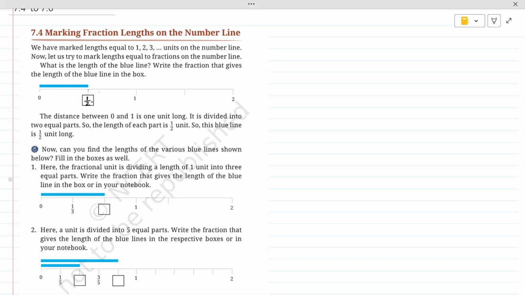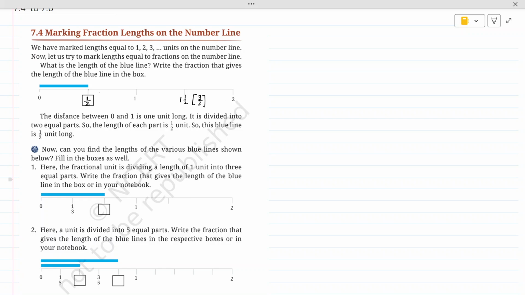Then after 1 by 2, we have 1. So the distance between these two is also half here, right? And then after 1, we have another mark here which we have to fill. This will be 1 and a half, or you can also write this as 3 by 2. And the last one is 2.